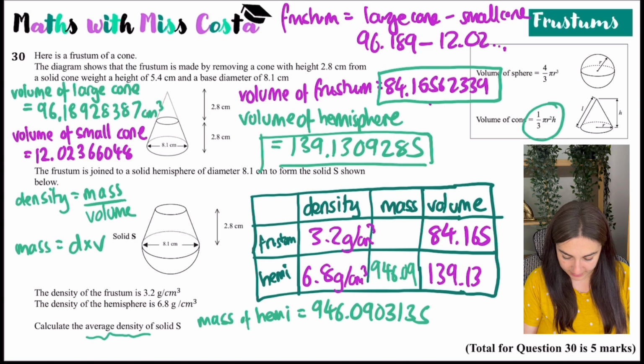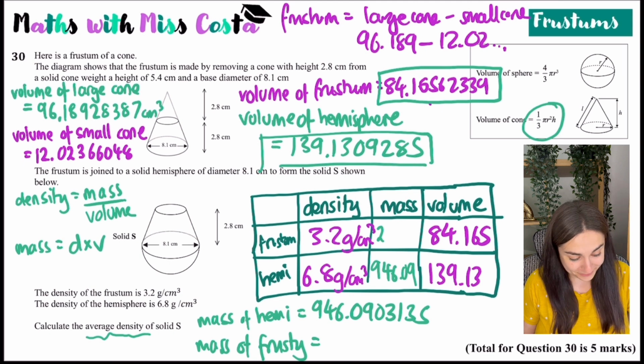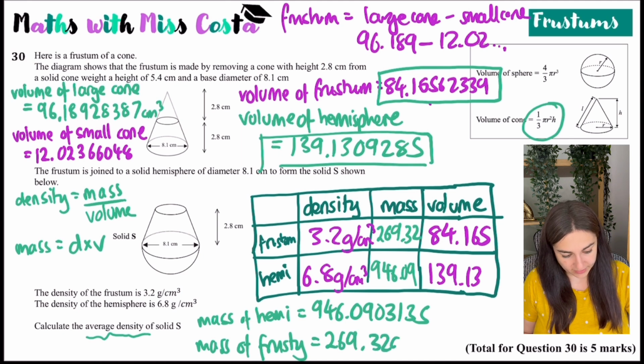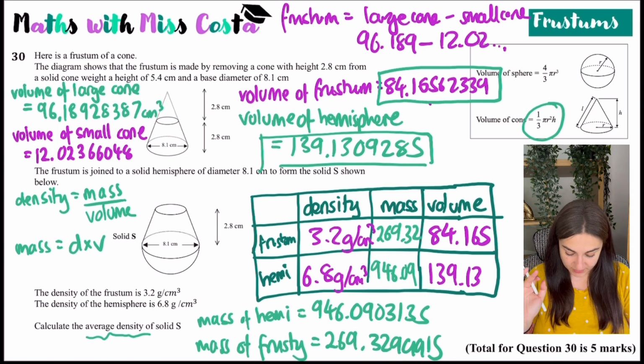And then I've got 84.1656239 times by 3.2, which is 200. Let's write it here. Mass of frustum is 269.329915. Right, so we've got the mass. So let's add the two together.